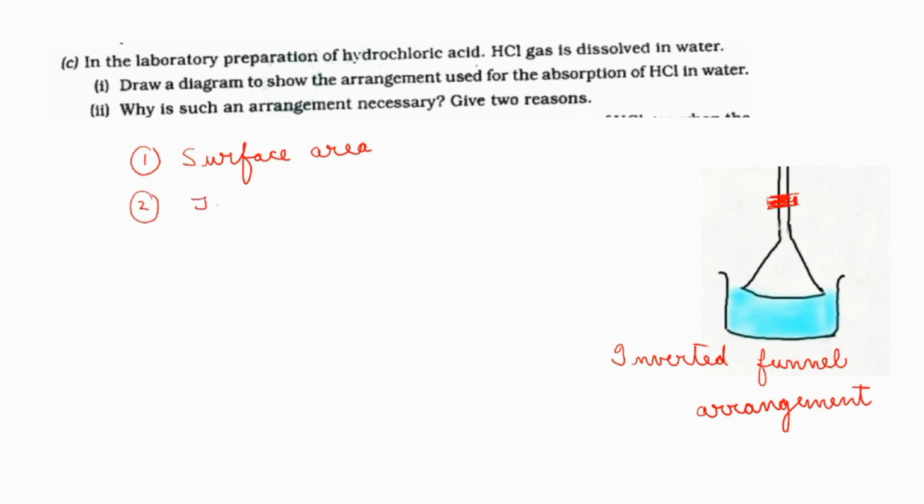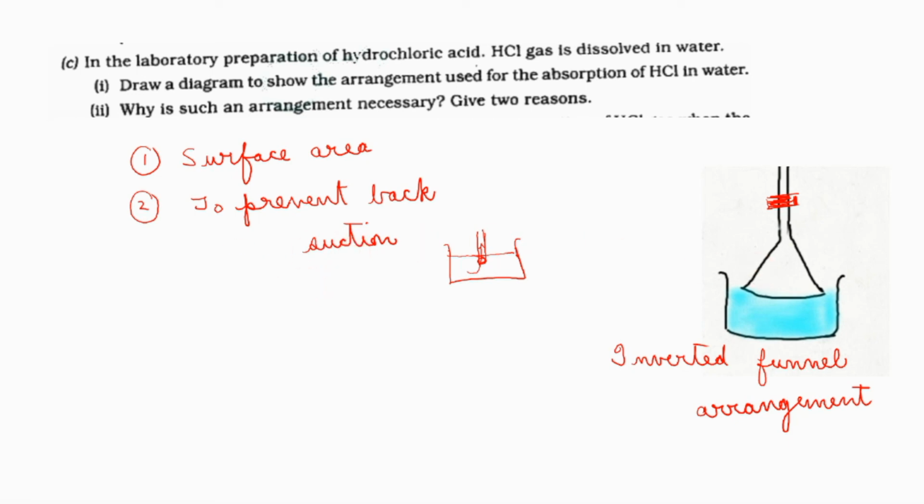To prevent back suction. Using the delivery tube, if you are passing the gas directly into water, there is possibility for back suction and water may reach the reaction apparatus containing concentrated sulfuric acid and it may lead to explosion. So to prevent that, we will use a funnel arrangement to prevent back suction. So you can write like that.